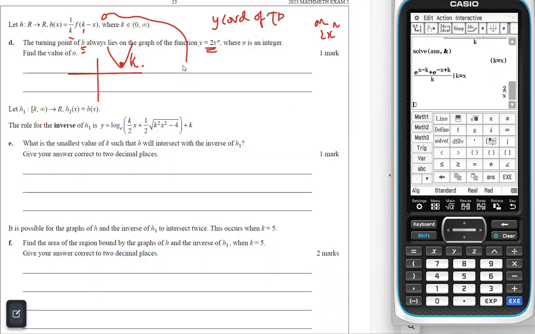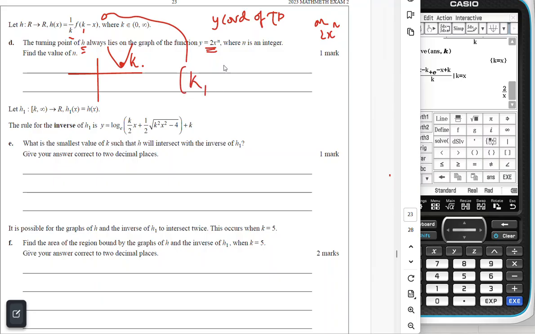Then I have the coordinates of the turning point are k and 2 on x. So if I'm saying that the y values of the turning point and the y value of this are equal, I've got 2 on x has to equal 2x to the n, therefore n has to be -1.